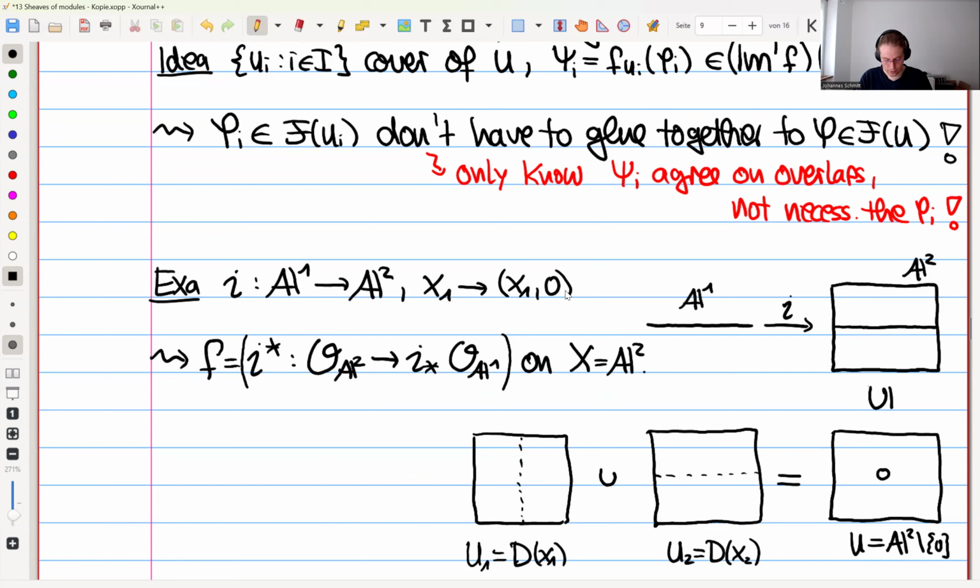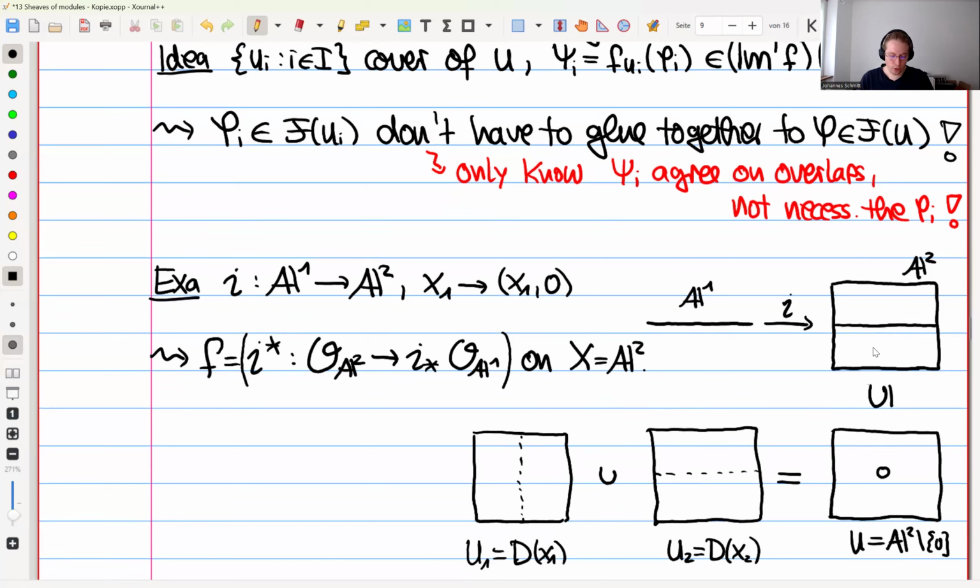This is what happens on the level of closed points, and then there's a unique morphism of schemes which fits this. And then this morphism comes with the data, as we have seen last time, of a morphism from O of A2 to the push forward of O of A1. This is the morphism on X equals A2 here.